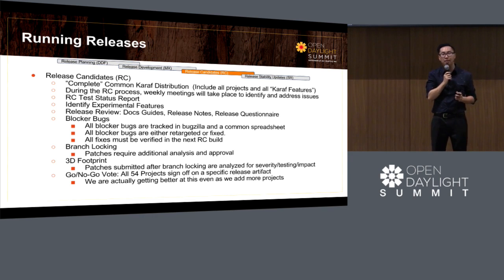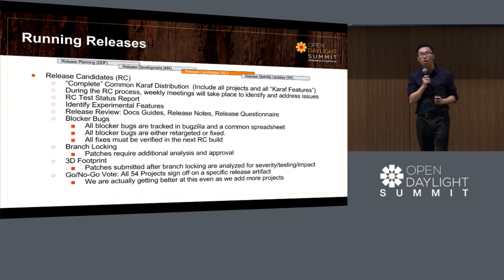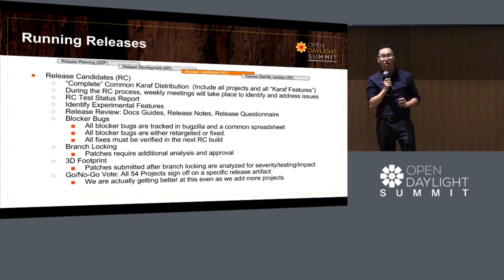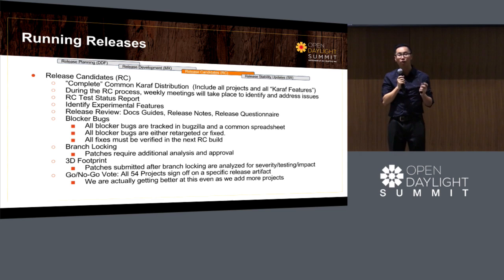At the very end, we actually do a go, no-go vote across all the projects. In Boron, we had 54 projects vote go, no-go in 48 to 72 hours, which is amazing considering just how many companies we're working with, just how many developers there are.